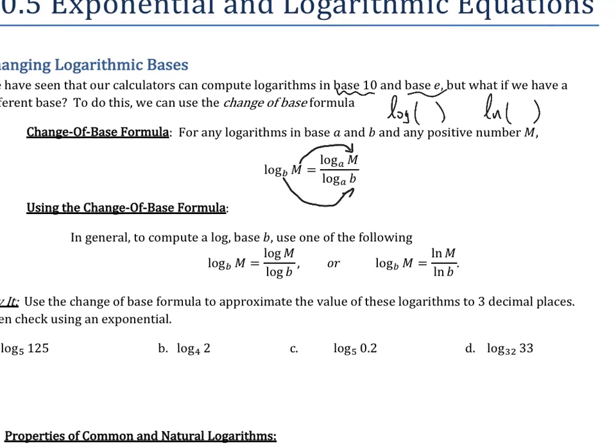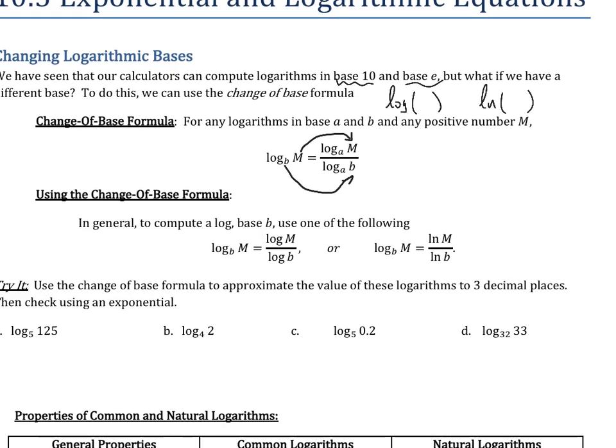Now, what does that mean for us? Well, if we have some log of a base that we can't use, then we can change it to a common log like this, the log of m, the number inside, over the log of b. These are common logs, and your calculator can handle this. Or we can use a natural log of m over b.